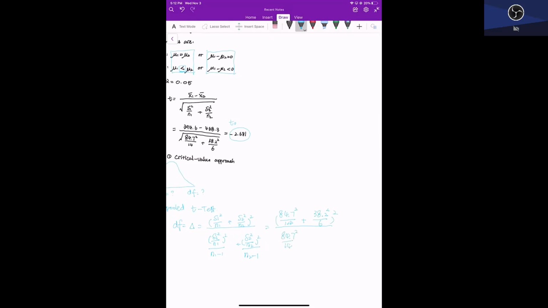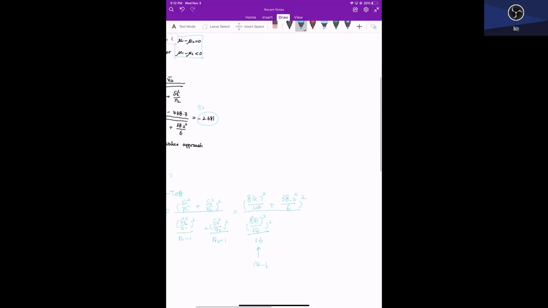Whatever we have, keep it the same for the first term, divided by 13, and 13 comes from 14 minus 1, plus what we had, over 5. This 5 comes from 6 minus 1.